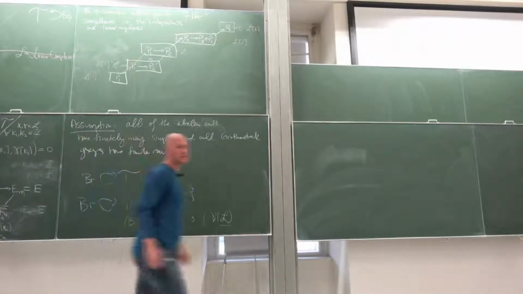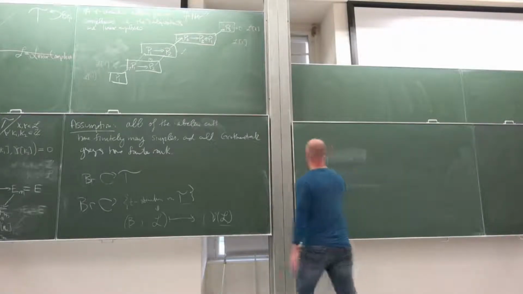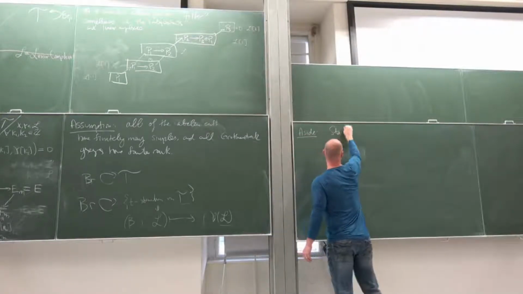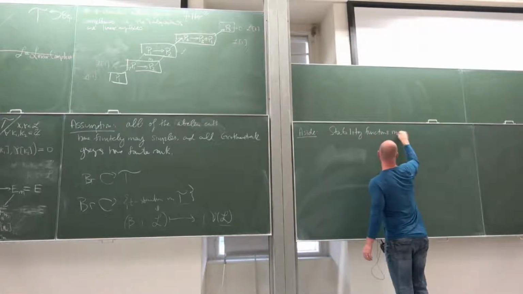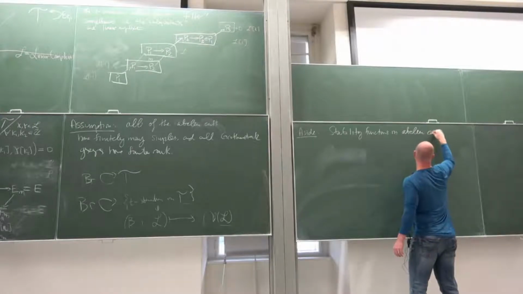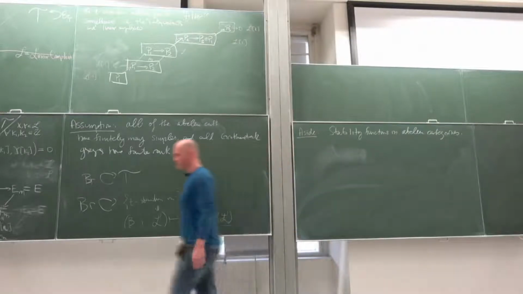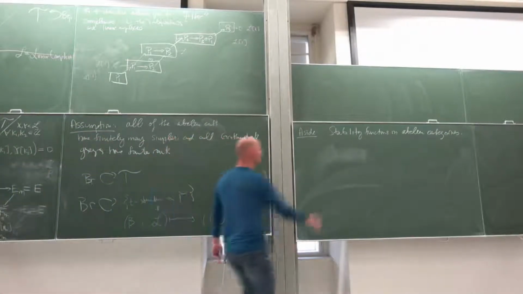But in order to tell you that definition, we need to have a brief aside: stability functions on abelian categories. For a couple of minutes, we're going to leave the world of triangulated categories and just think about abelian categories. Okay. So let me give a definition.